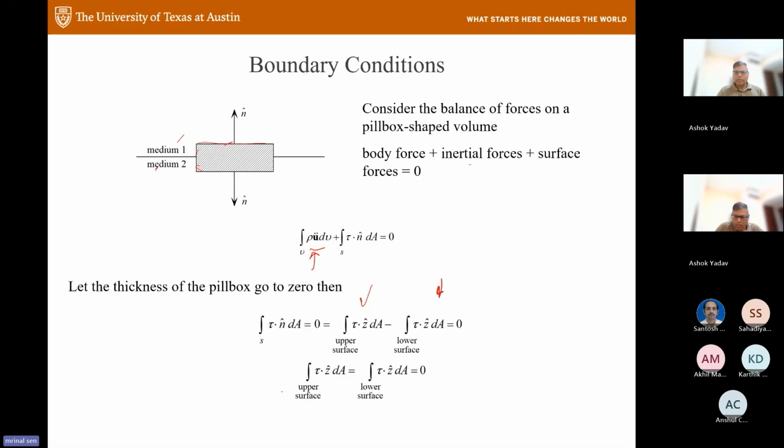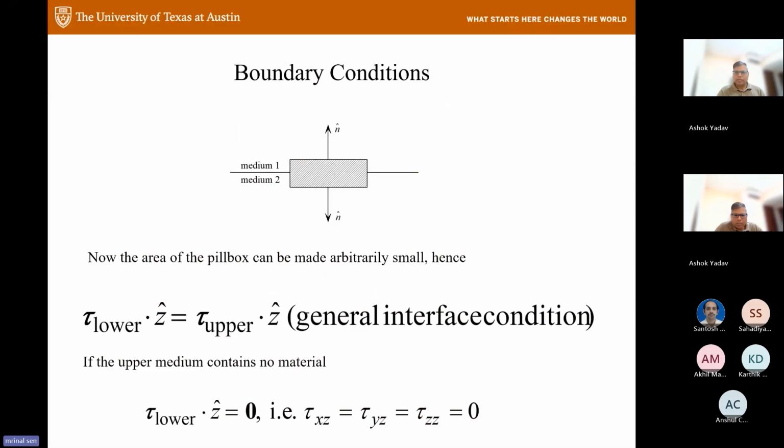And then what we have is that the normal component of stress in the upper surface should be equal to the normal component of the lower. Okay. So stress is continuous across the boundary. So what it means is that tau lower dotted with z hat, which is the normal direction, is equal to tau upper. Okay.